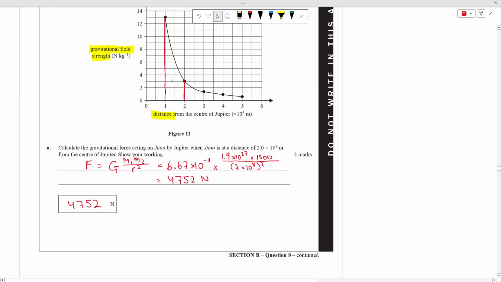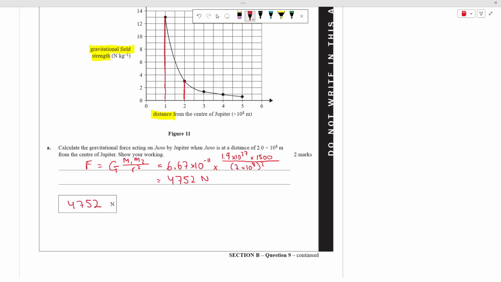So our job is basically just to work out this area here. We're going to count squares for this one because this part's probably a little too curved to use a trapezium formula. So we're going to count squares and then work out the area that way.